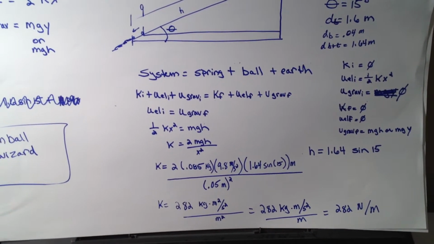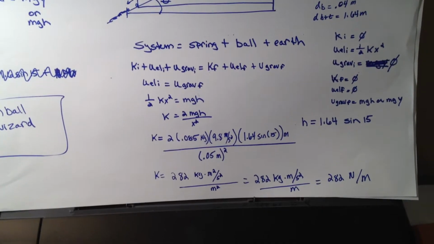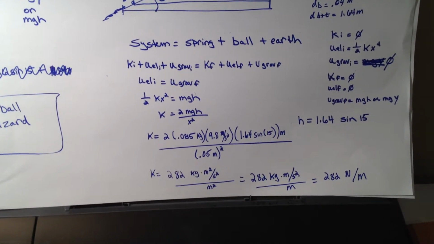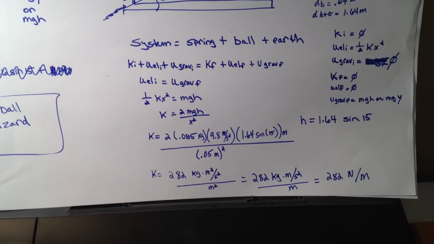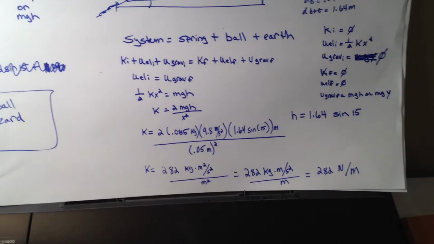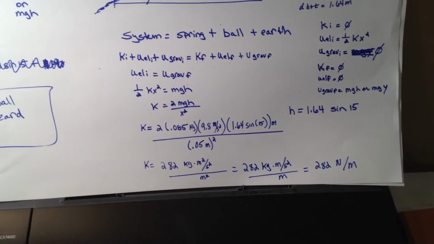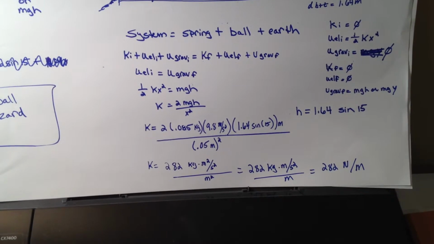K final is going to be 0 because the ball goes to 0 velocity at the end of its trip up. Potential elastic final is going to be 0 because at that point the spring has been released and all its potential energy is gone, and U gravity final is going to be mgh.